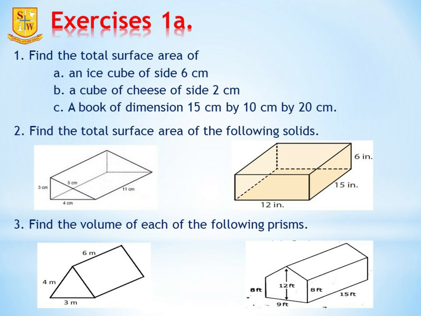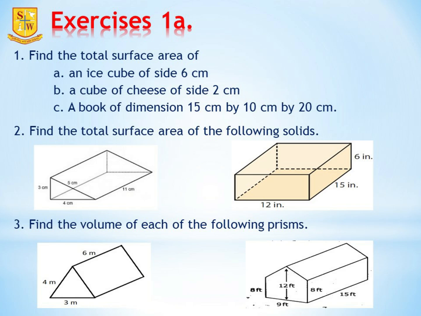Number 2. Find the total surface area of the following solids. First, a triangular prism with sides of 4 cm and 11 cm. Second, a cuboid with sides of 12 inches, 15 inches, and 6 inches.